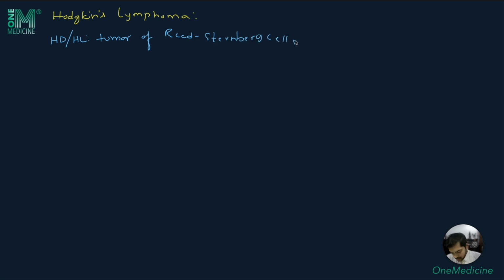So now the next topic is Hodgkin's lymphoma. Hodgkin's disease or Hodgkin's lymphoma is a tumor of Reed-Sternberg cells. So these are aneuploid cells which usually express CD30 and CD15, but they may also express other B or T cell markers.